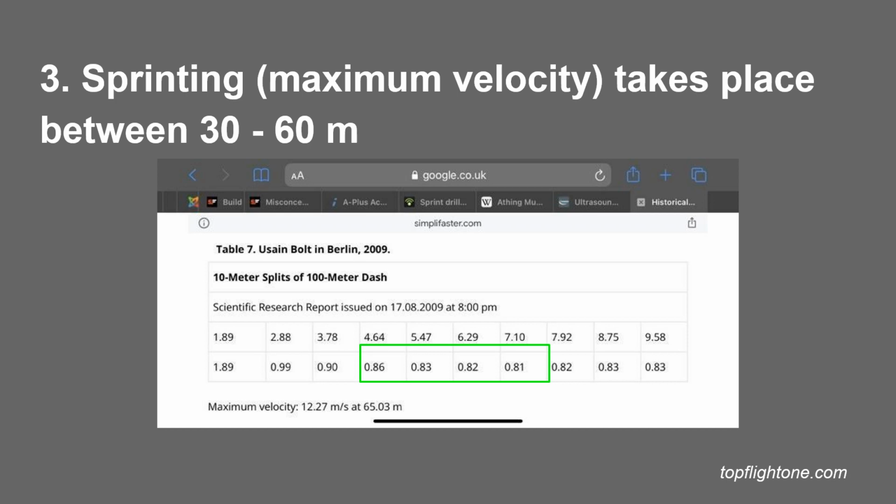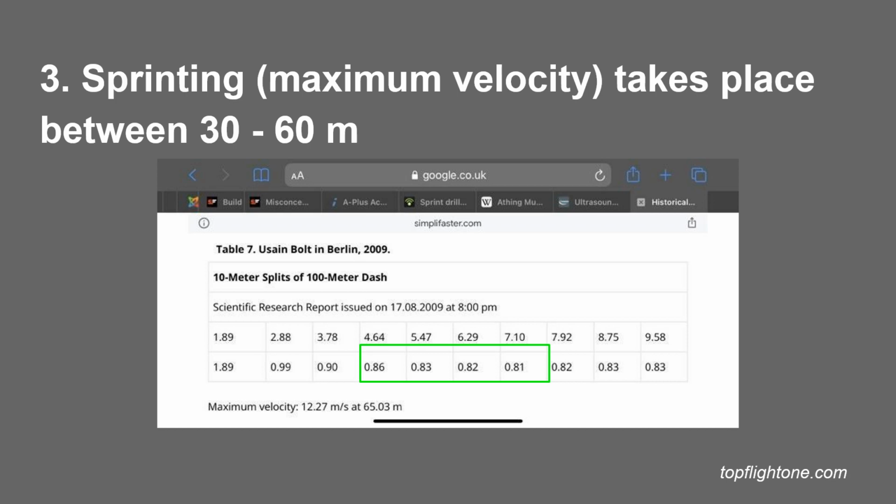Usain Bolt's best sprint effort for 10 meters was 0.81, but even after he hits that, he maintains a very high level of speed with 0.82, 0.83, and 0.83. So that's speed maintenance. That's something that we're not really focusing on here.